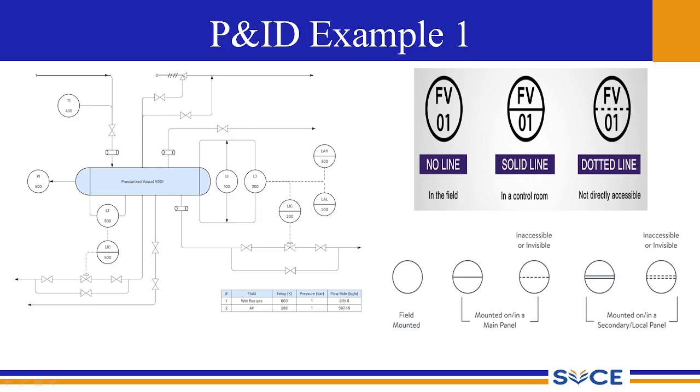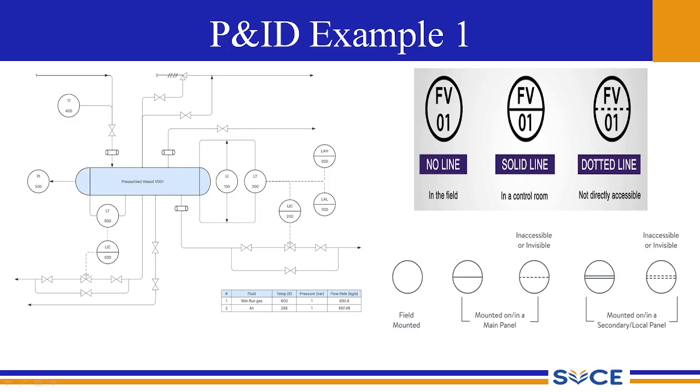So if you look at this pressurized vessel, you have the level indicators, pressure indicators, and temperature indicators along with the various valves. This LAH will be the alarm for low level, and LAL will be the alarm for the high level, corresponding to this pressure vessel.